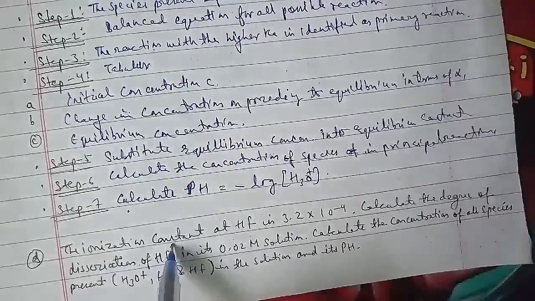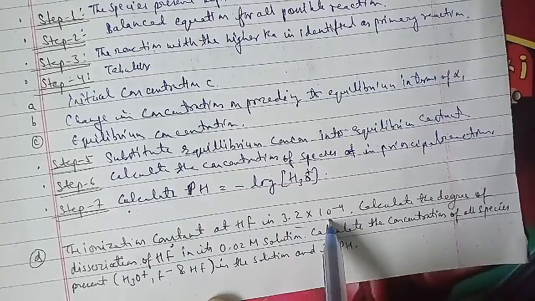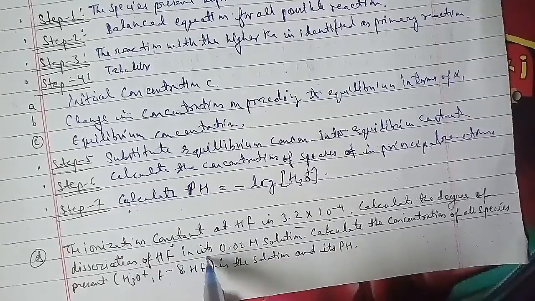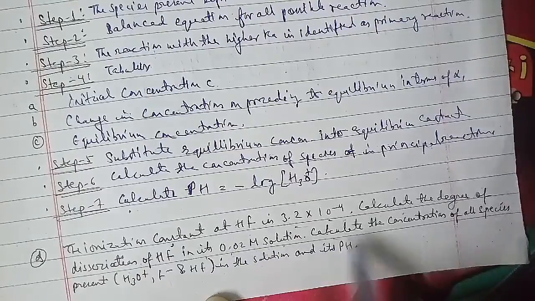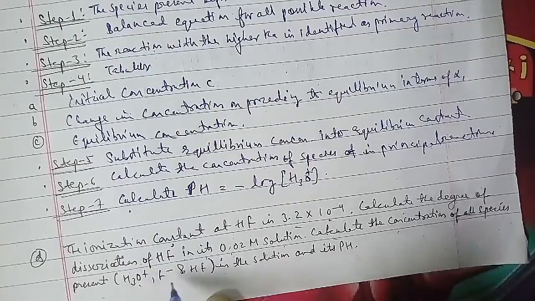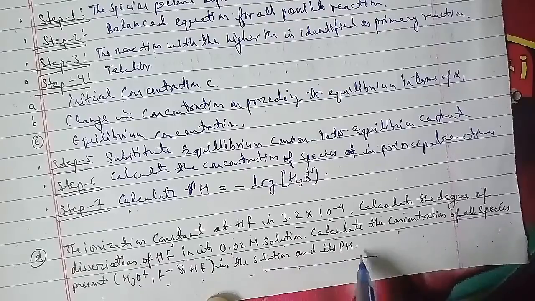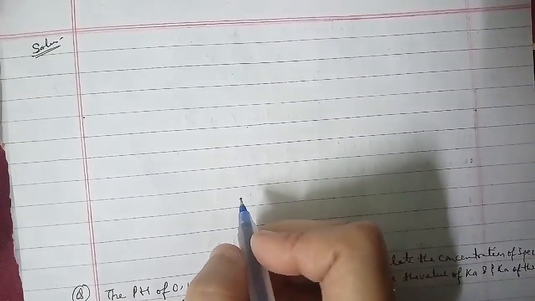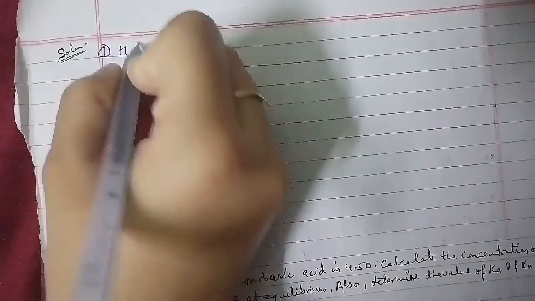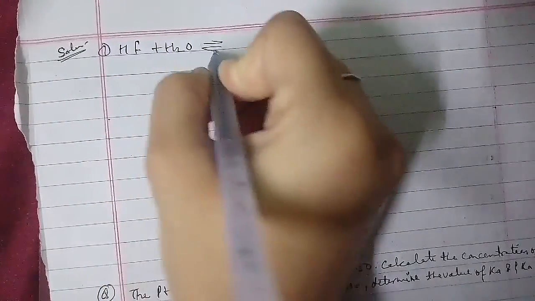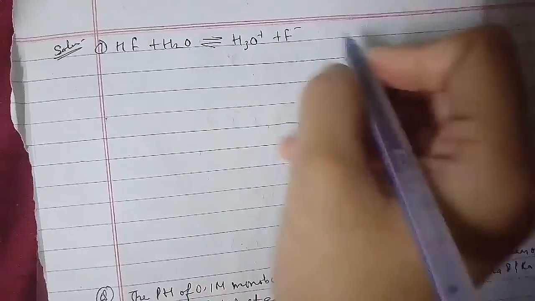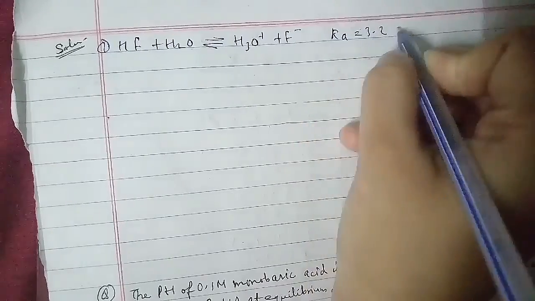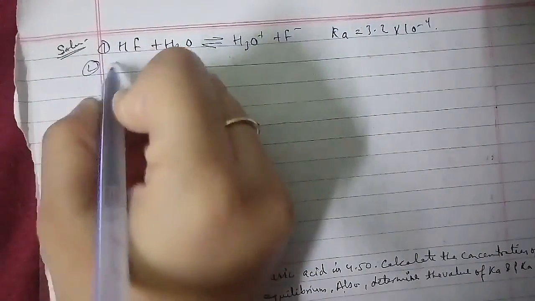So we can say that the principal reaction is HF plus H2O giving H3O+ plus F-. The initial concentrations are 0.02, then 0 and 0, and at equilibrium 0.02 minus 0.02 alpha, then 0.02 alpha and 0.02 alpha. Substituting the equilibrium concentrations in the equilibrium expression for the principal reaction gives Ka equals (0.02 alpha)^2 upon (0.02 minus 0.02 alpha), that is 0.02 alpha squared upon 1 minus alpha, equals 3.2 × 10^-4.